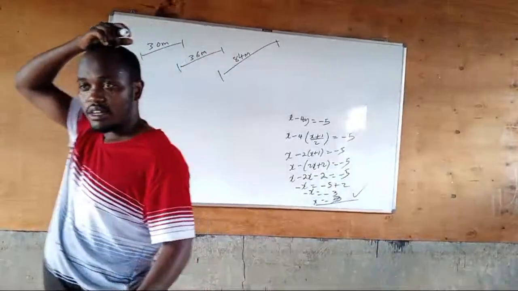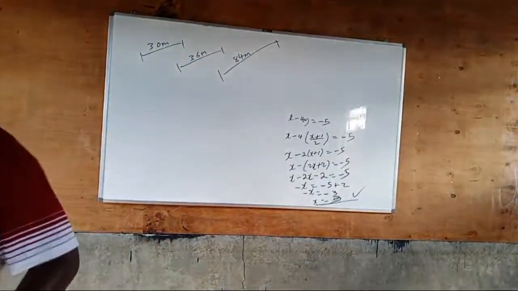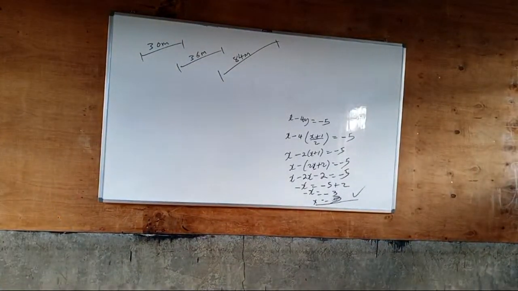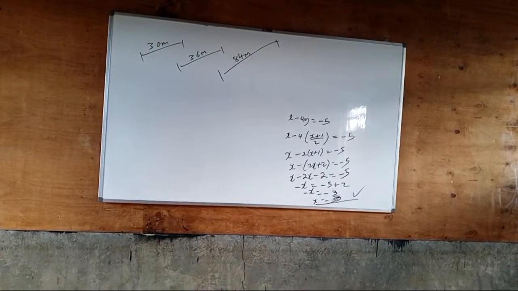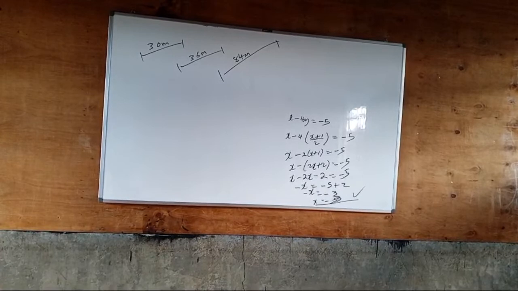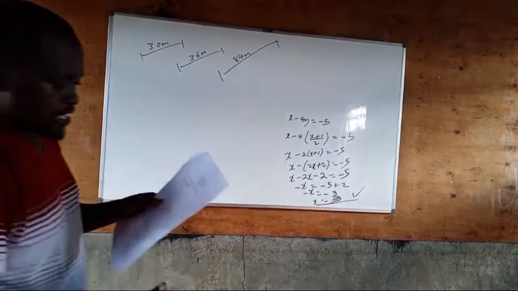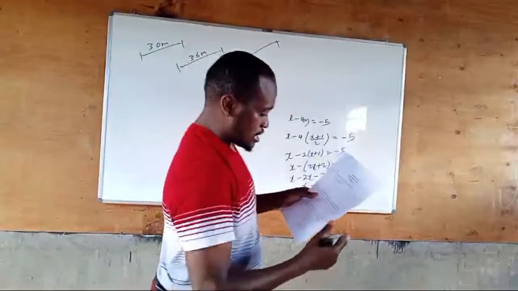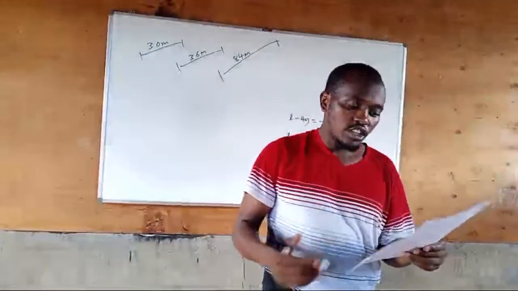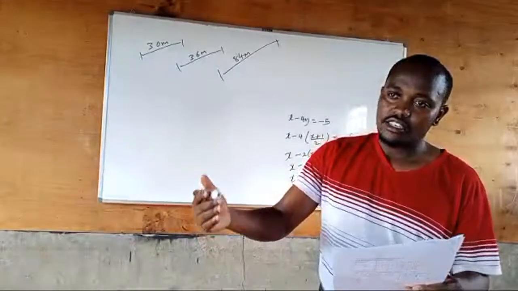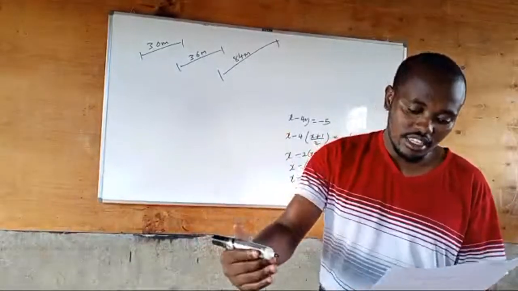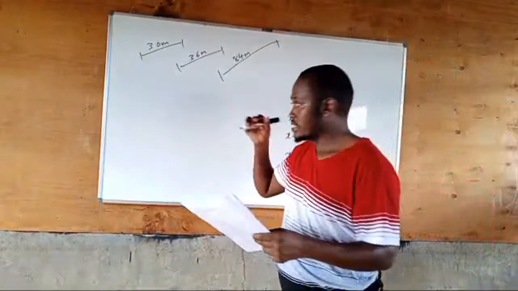Tulikuwa tunafanya hizi maswali in class. I think the first time we did Monday. The length of 3 wires were 30 meters, 36 meters, and 84 meters. Pieces of wire of equal length were cut from the 3 wires.